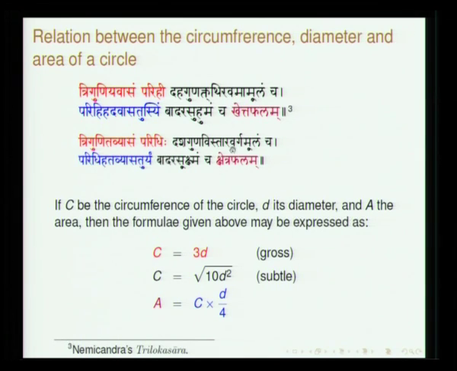So, vistara varga moolam, vistara is d square, so root of 10 times d square is also what they have stated. So, root 10 times the diameter is the expression for the circumference once you know the diameter. These are the two different forms in which they have given.